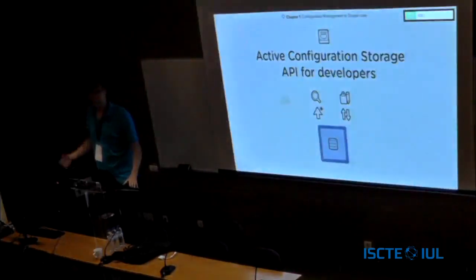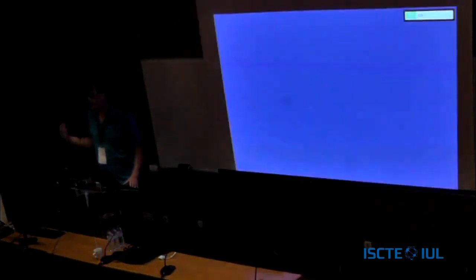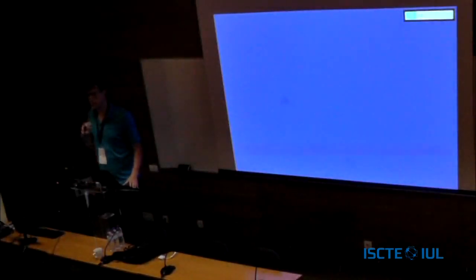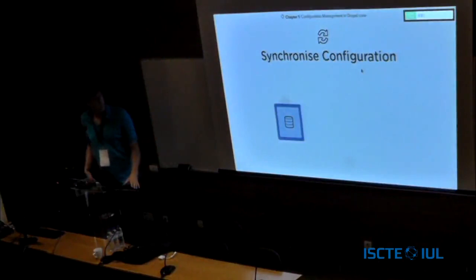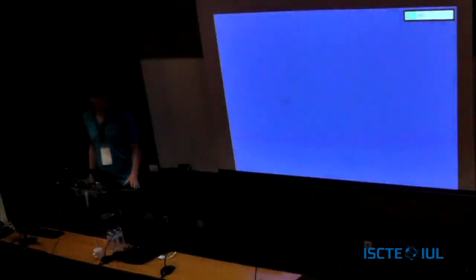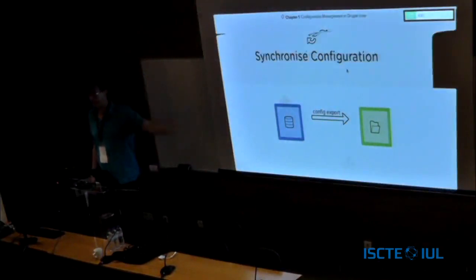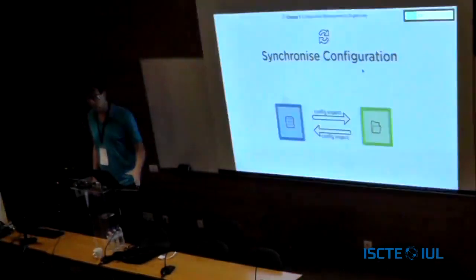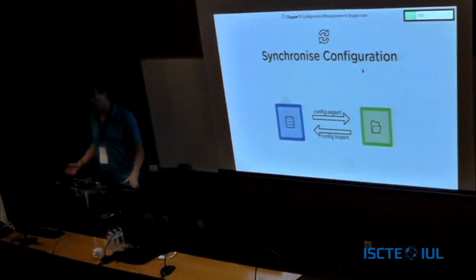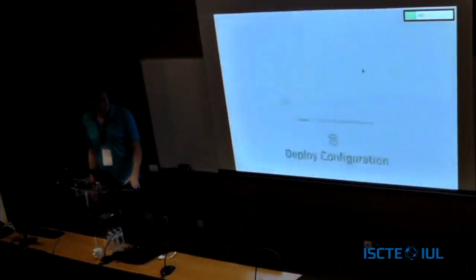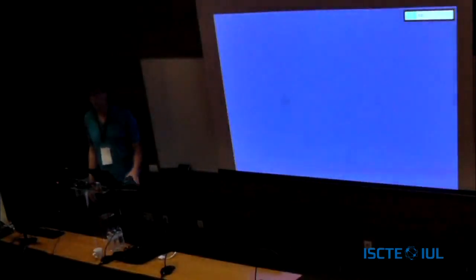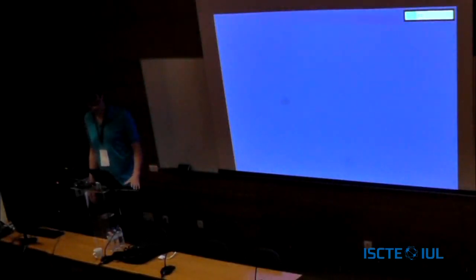Drupal 8 core also has a way of synchronizing configuration. You have this database storage, and you can export to a file storage, and you can import from this file storage. You can also deploy configuration, which is basically the same.